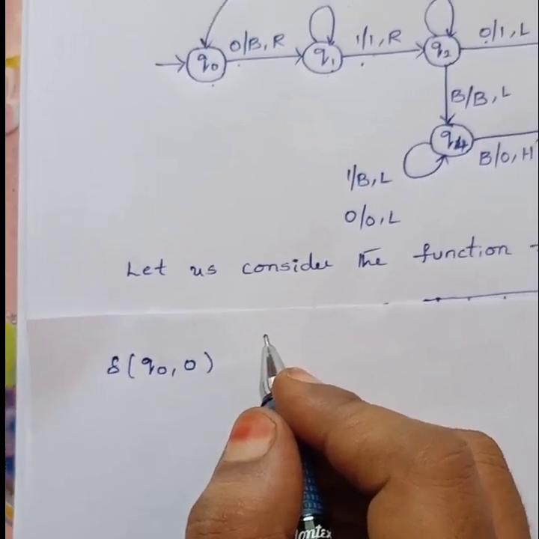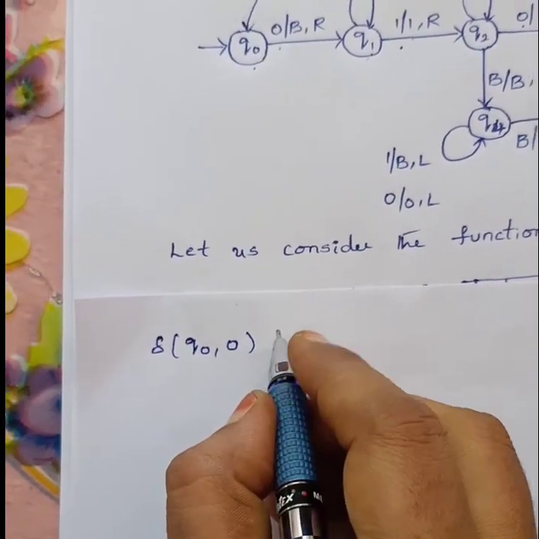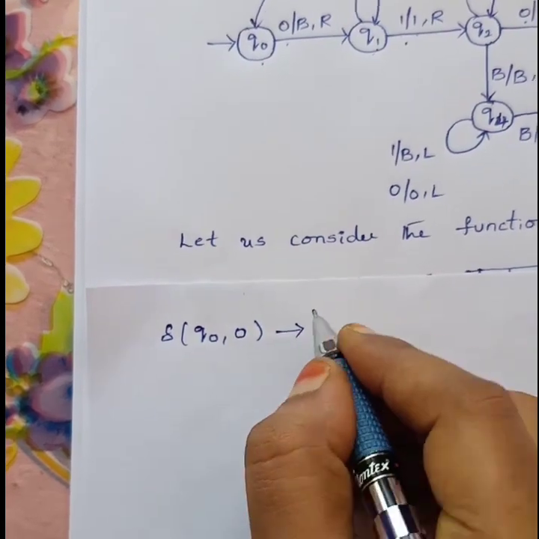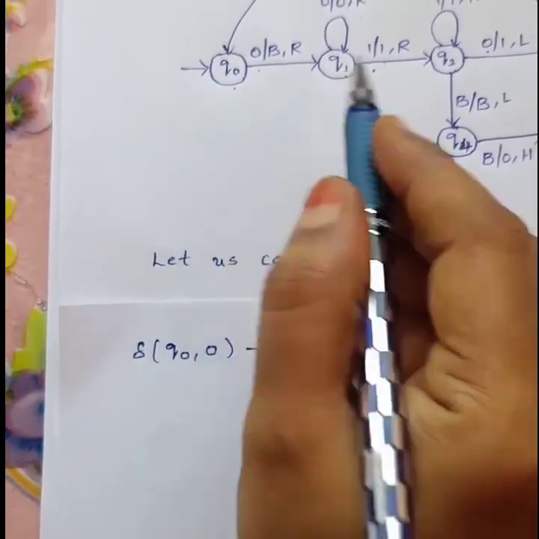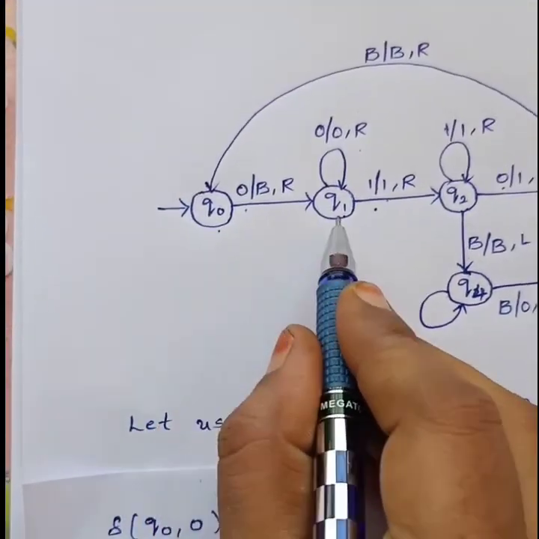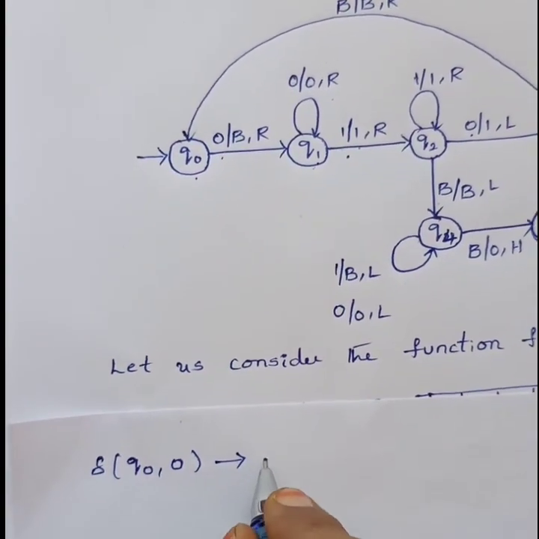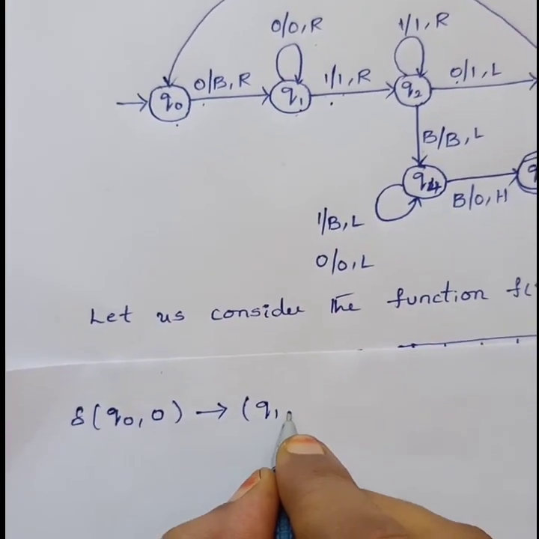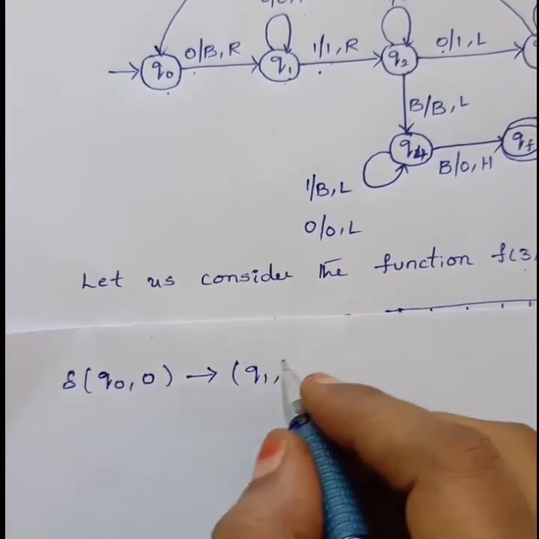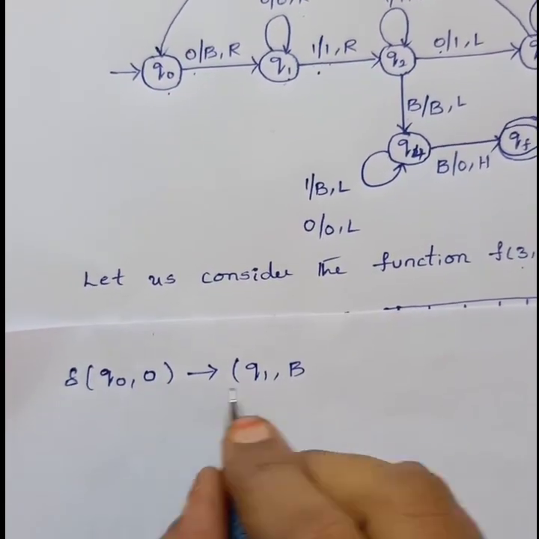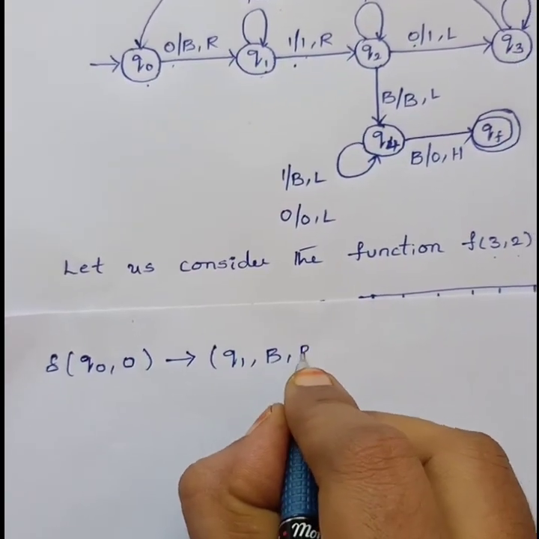In Q0 state, it is 0, which derives, so changing the state to Q1. So this 0 is rewritten as B and moving to right.